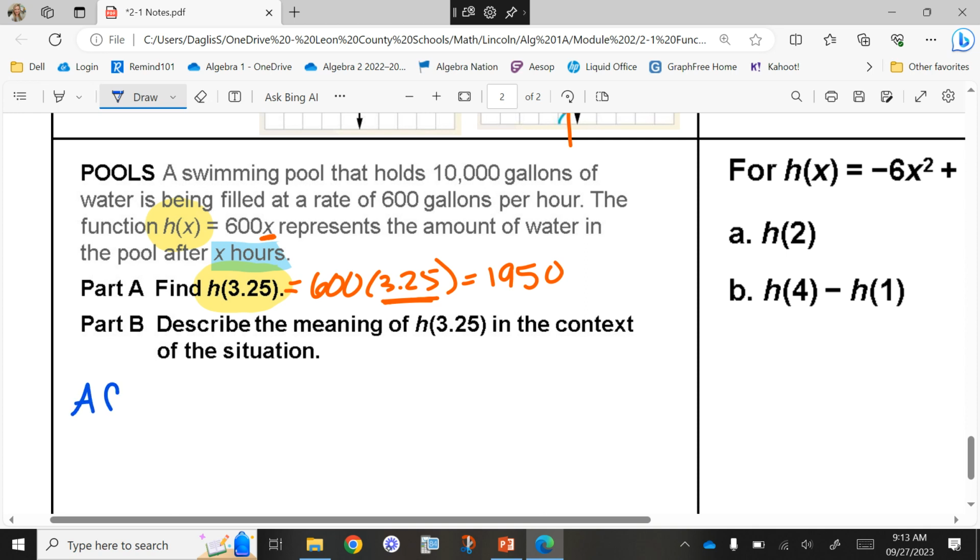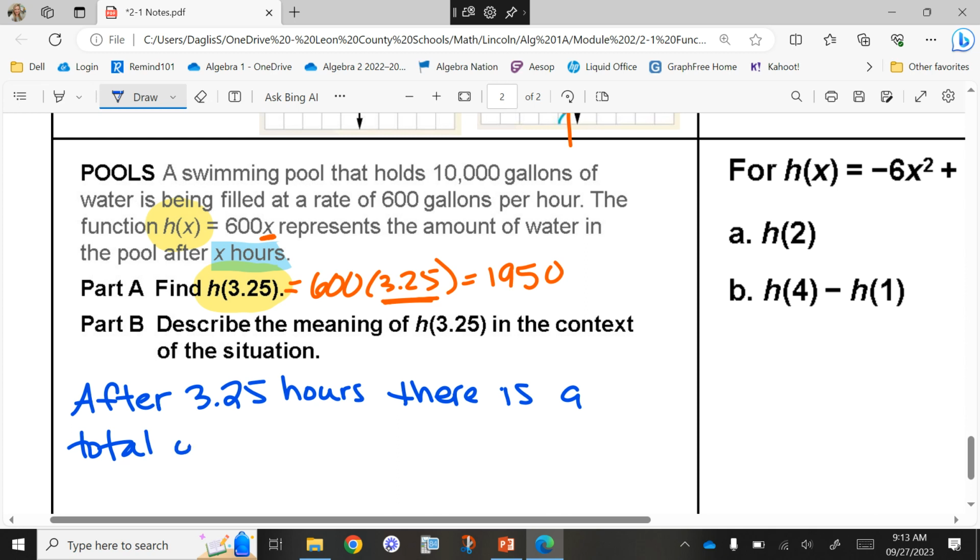Okay? So after 3.25 hours, there is a total of how many gallons? What did we just figure out?